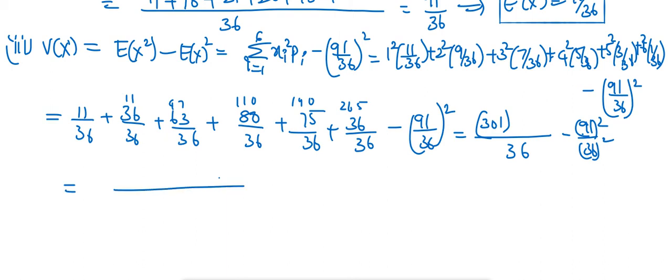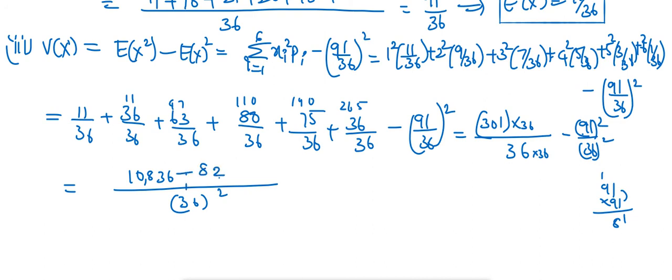Next, taking the LCM, 36 squared is the value, so multiply 301 with 36, which gives 10,836. 91 into 91 is 8,281.